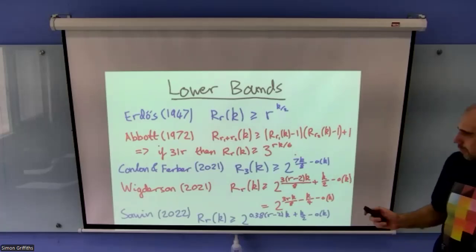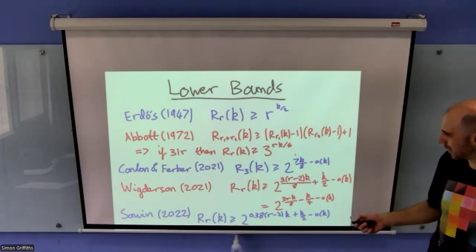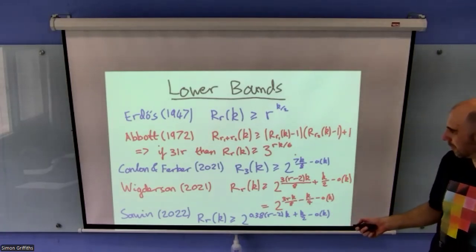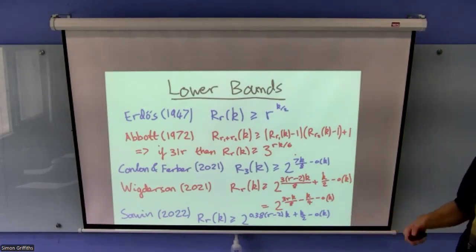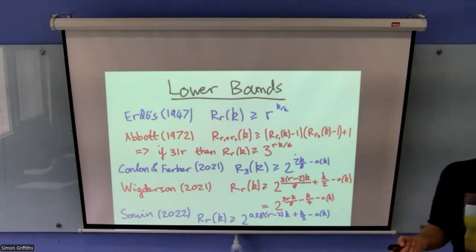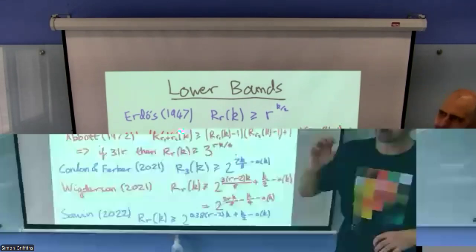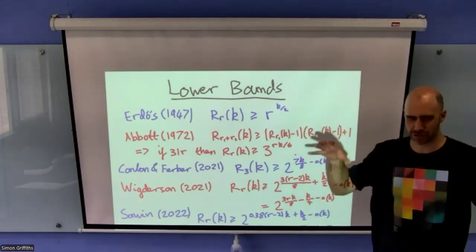What's interesting is soon afterwards, Sawin proved a slight improvement on Wigderson's results. And strangely, he comes back to doing a completely random approach. Although it's not your old-fashioned Erdős, just do random.